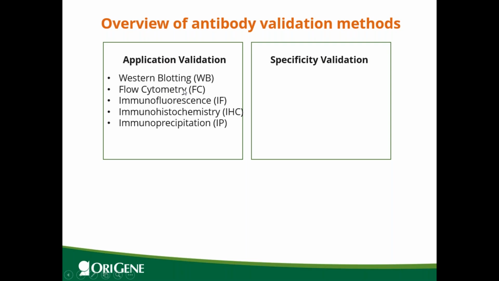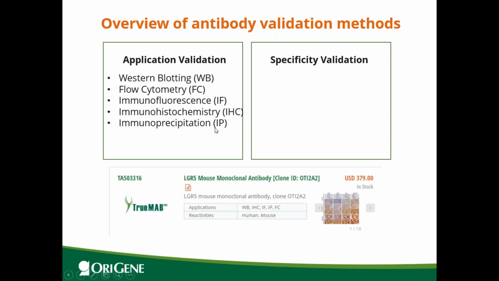Application validations include all the major applications for antibody, such as Western blotting, flow cytometry, immunofluorescence, immunohistochemistry, and immunoprecipitation. These are all the routine QC tests we do for our antibody. And you can find all the verified applications under the product description of our antibody product.